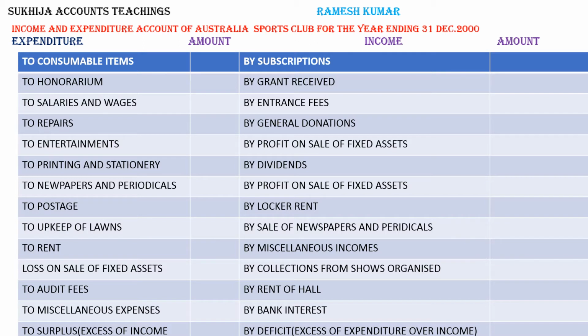Those who are working in that, whatever salaries and wages are paid to them. To repairs. If any electrical faults are there or any other thing which needs repairs, so we have to do to repairs.